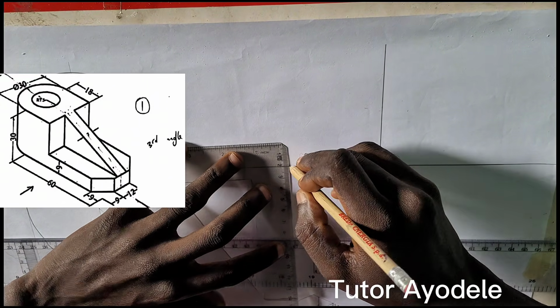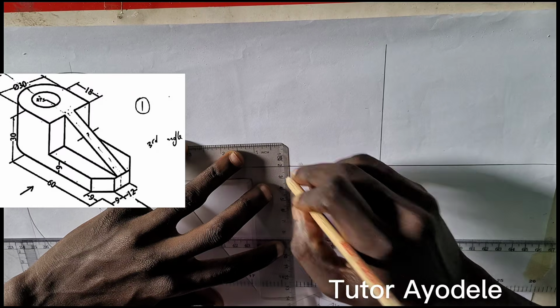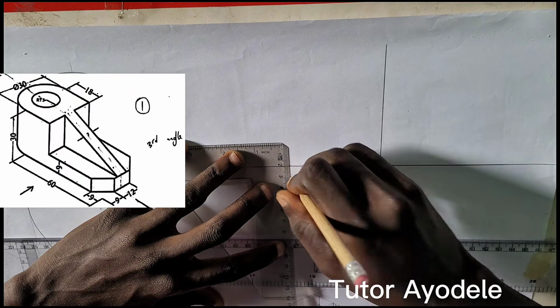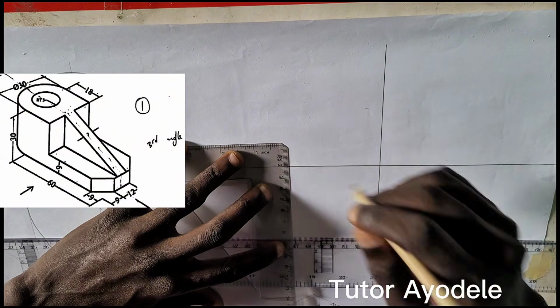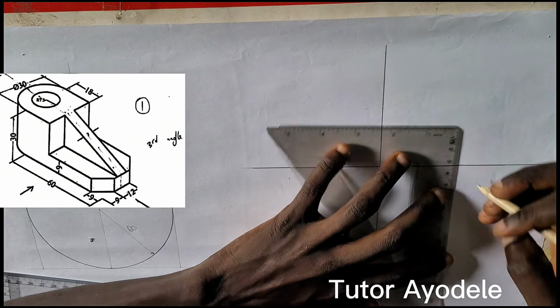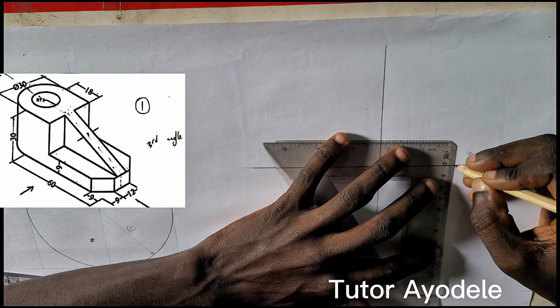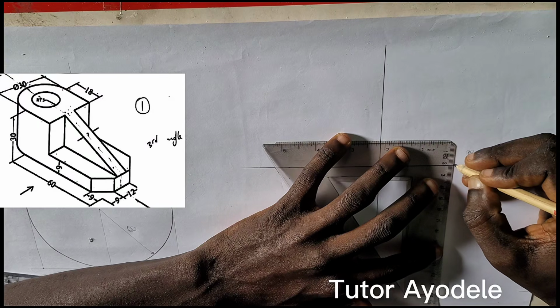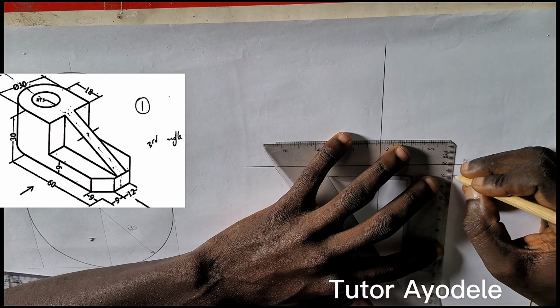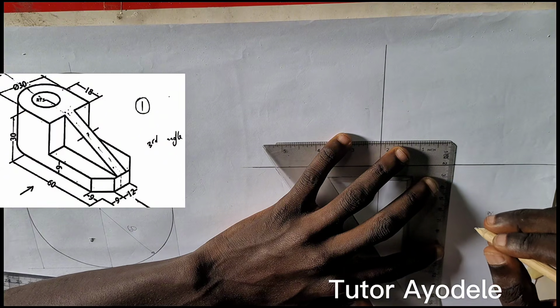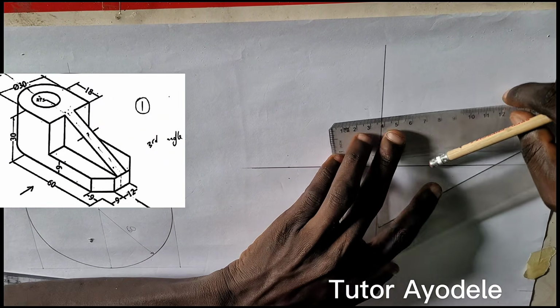From here to here is 10 millimeters. And from here to here is 10 millimeters. Then let's do the same thing here. From here to here is 10 millimeters, and from here to here is 10 millimeters. Let's do the same thing here.